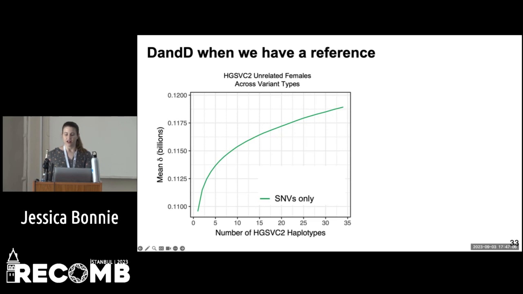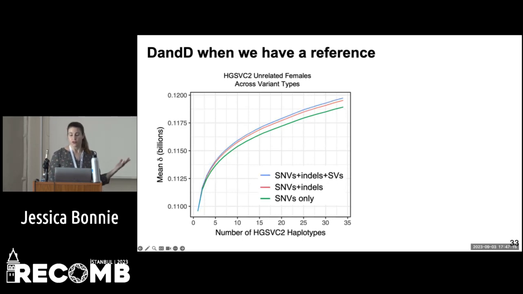Examining the stratification allows us to disentangle the contribution of different variant classes. Not surprisingly, the addition of indels and SVs adds a substantial amount of new sequence relative to SNVs only, and indels add more novel sequence relative to structural variants. Because they're more numerous.